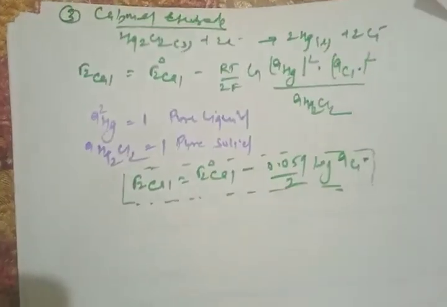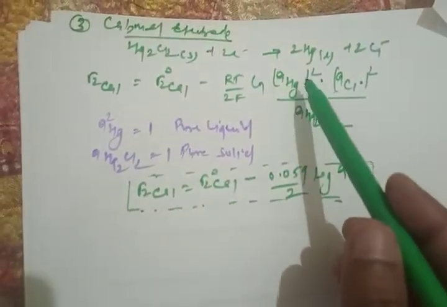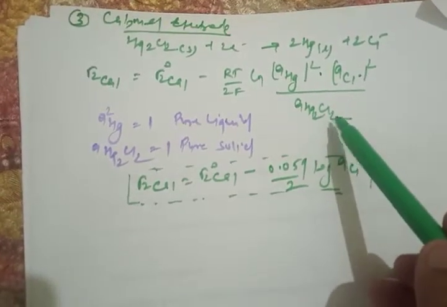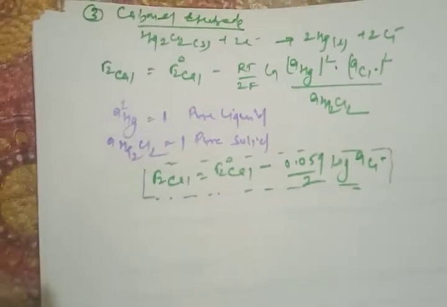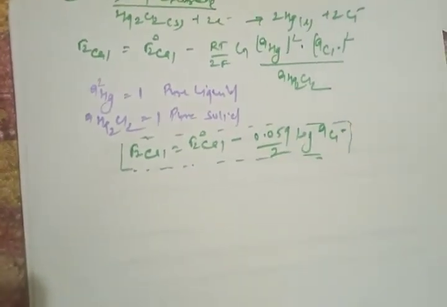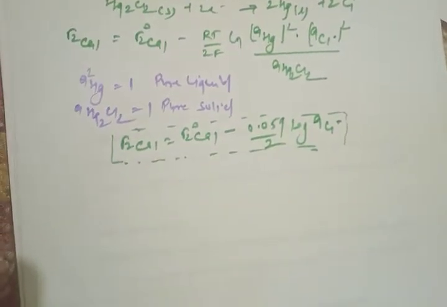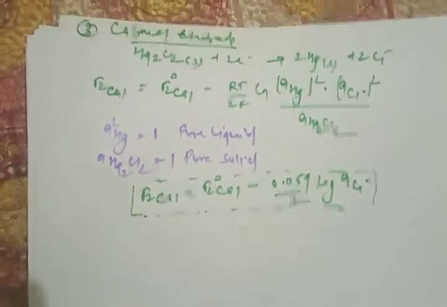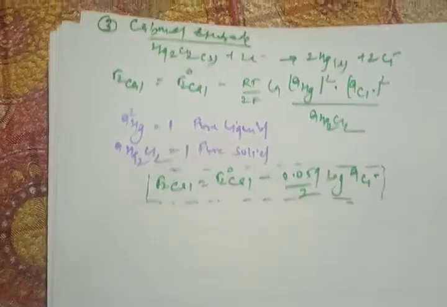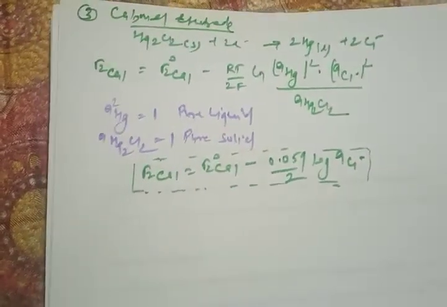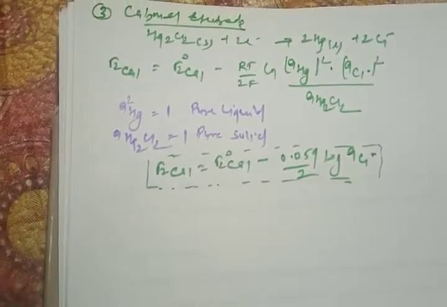But in this case, as these two values are unity, there is no need to change the sign, and this is the reaction. Okay, so this is the third electrode, the calomel electrode, and now the fourth one, the last actually, which is a different one.